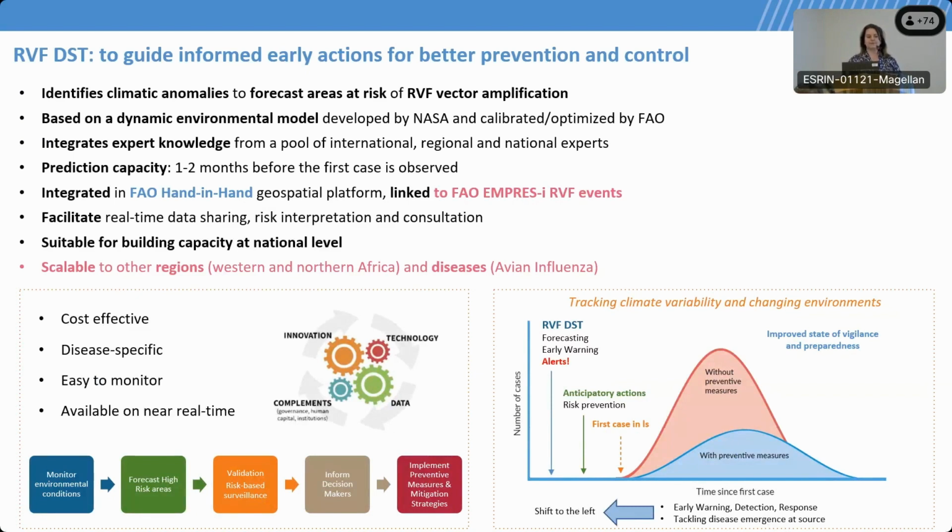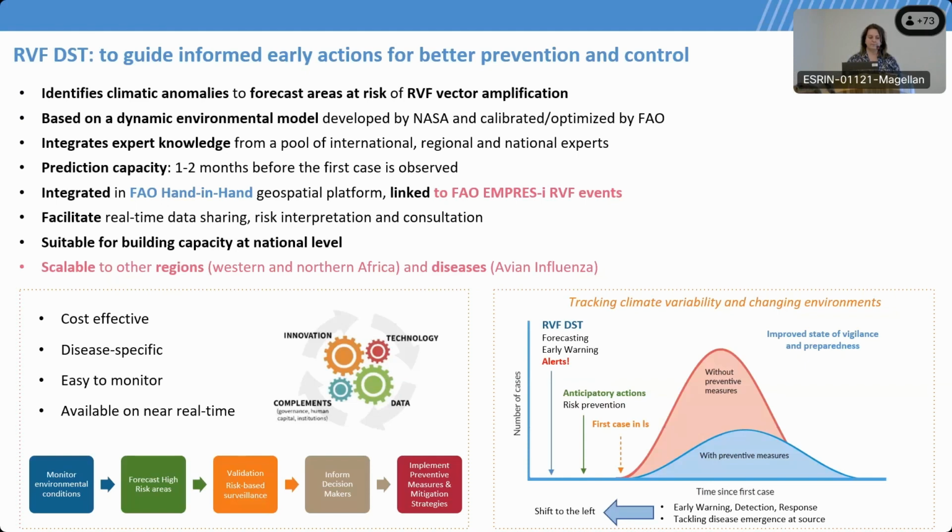The Rift Valley fever DST identifies climatic anomalies to forecast areas at risk of Rift Valley fever vector amplification. So vector amplification means that suitability is estimated, predicted suitable habitat for vectors relevant for and competent for Rift Valley fever transmission based on Earth observation data.